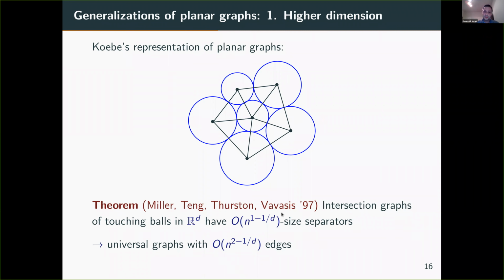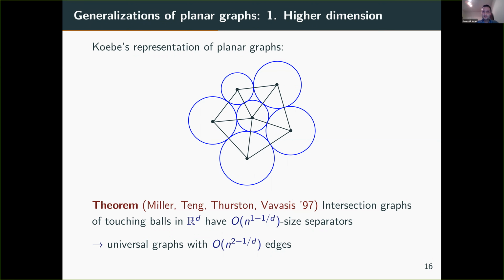So that's really nice. So when d is 2, you get back the square root n separators for planar graphs. And then you can use that to build universal graphs for these n-vertex graphs in that class. So you get the size of the separator times n, so you get a bound of n to the 2 minus 1 over d on the number of edges for your universal graph. So that's one way of generalizing planarity.